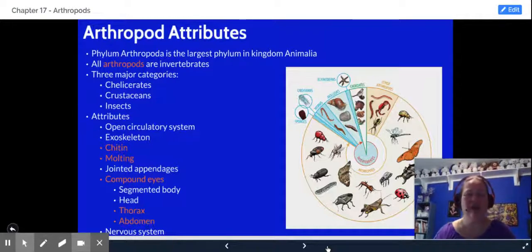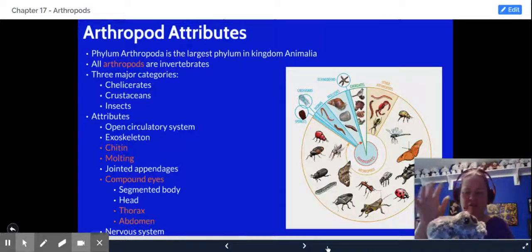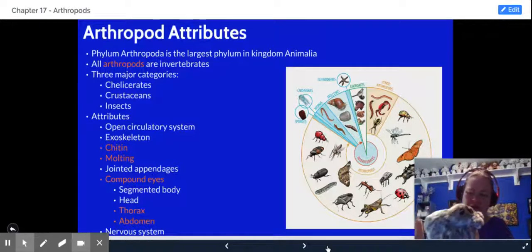All right, so attributes. They have an open circulatory system, okay? They don't have blood vessels or anything like that. They have dorsal hearts. If you remember in anatomy, here's a stuffed spider. Dorsal is here and ventral is on the bottom.